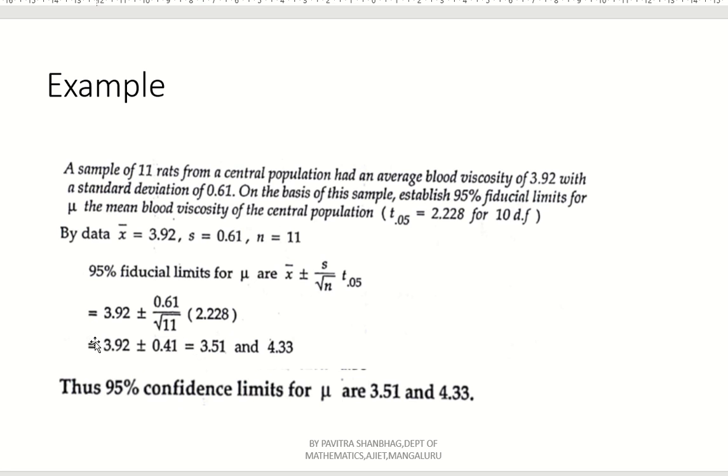If you add 3.92 plus 0.41 you will get 4.33, and if you take the difference 3.92 minus 0.41 you will get 3.51. So thus the 95% confidence limits for mu are what? One is 3.51, another one is 4.33.